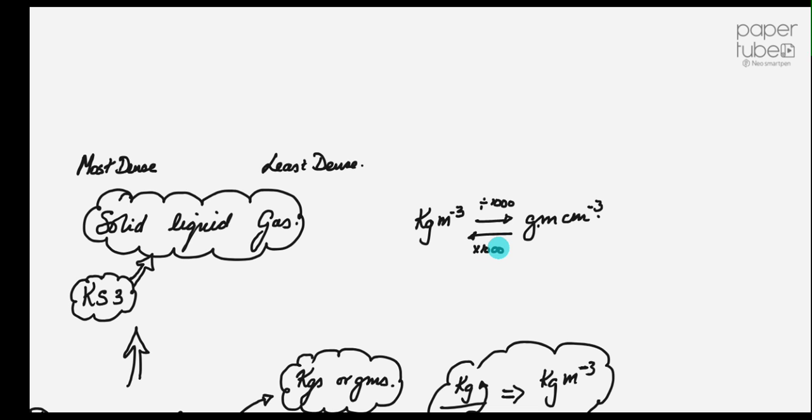A good way to remember this is water. Water has a density of 1 gram per centimetre cubed, which is the same as 1,000 kilograms per metre cubed.